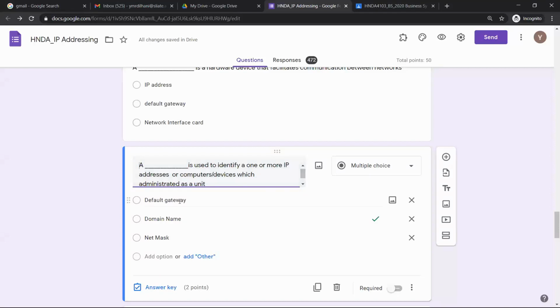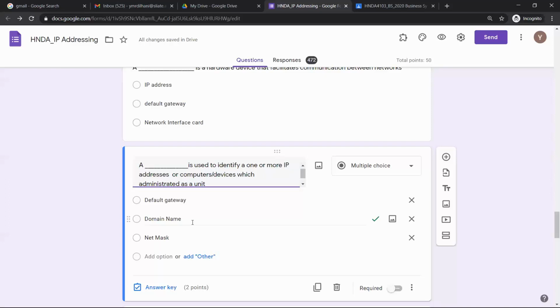So here default gateway we have already discussed, and network mask also we have discussed. So domain name, there is a set of domain names which can be used as top level domain and second level domain, like that, right? So a domain name is used to recognize a specific set of IP addresses.